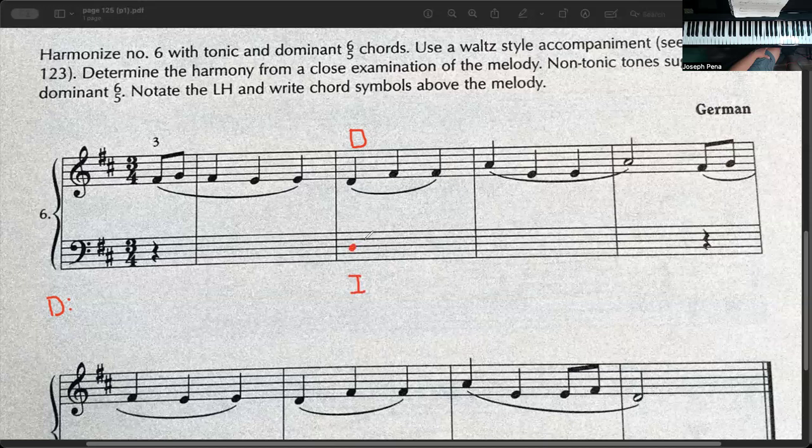And when we do the waltz style accompaniment, once again, remember, we start by playing a single note, the bass by itself, and then we play the two top notes, which is the third and the fifth, twice, and make sure that lines up with the melody in the right hand. And that'll be non-legato. Let's go ahead and play that non-legato. Okay, so we know this is D major.